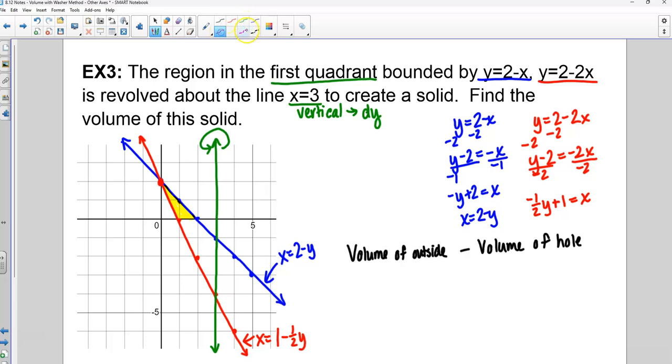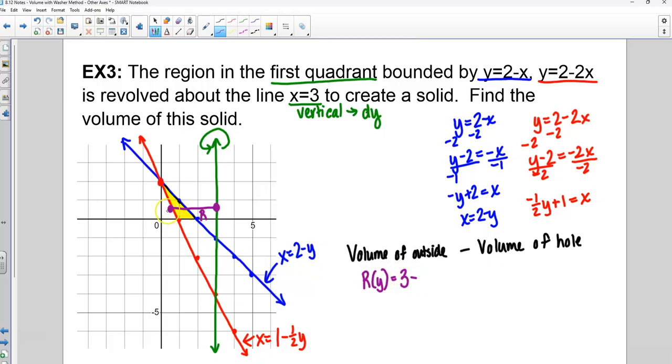All right. Capital R of x goes from the line you're rotating around to furthest away. That's your capital R. So it's going to be R of y. When you are in terms of y, we're looking at right minus left. So what do I hit on the right side? That's at 3, right?